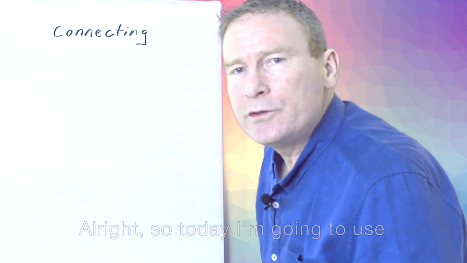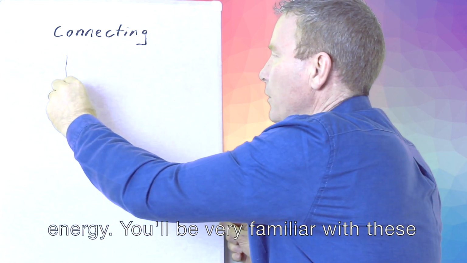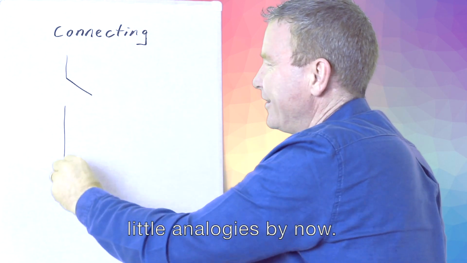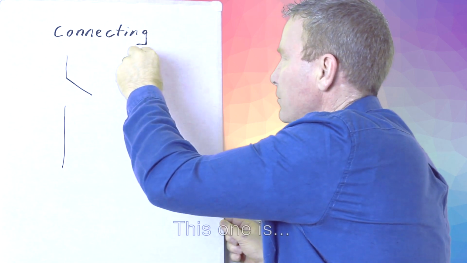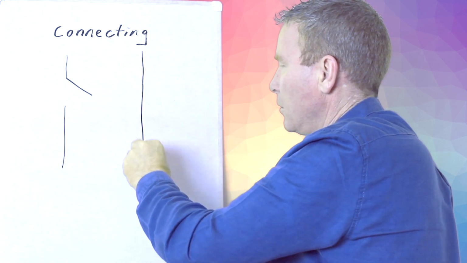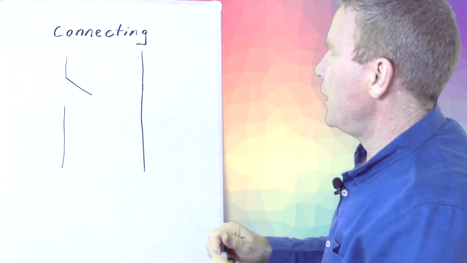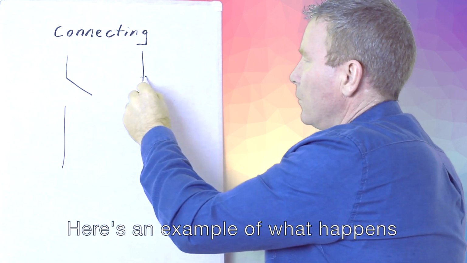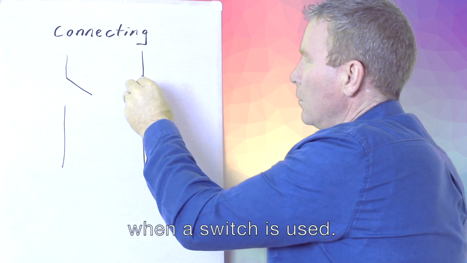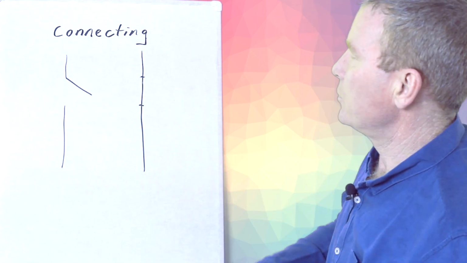Alright, so today I'm going to use another analogy for explaining healing energy. You'll be very familiar with these little analogies by now. And this one is the switch. So here's an example of what happens when a switch is used.